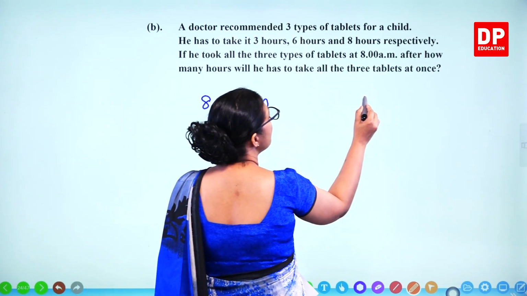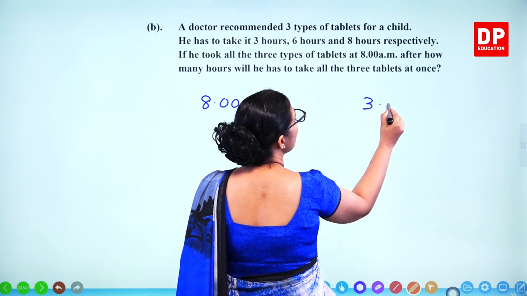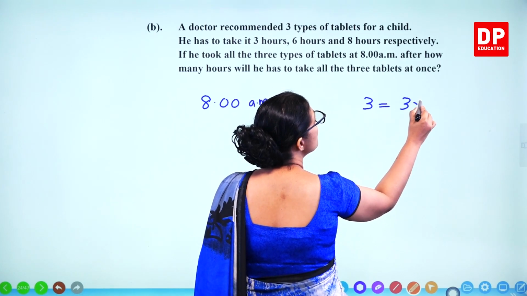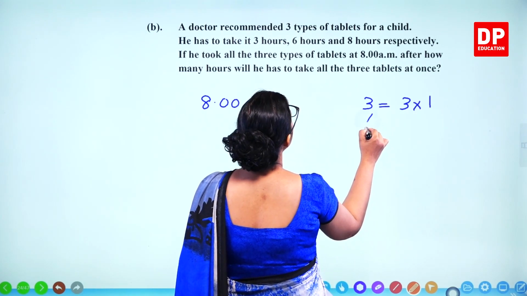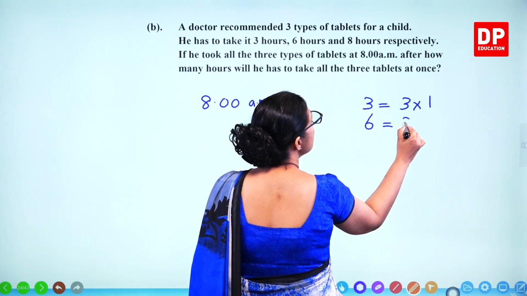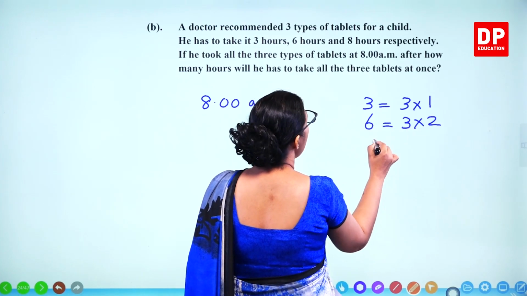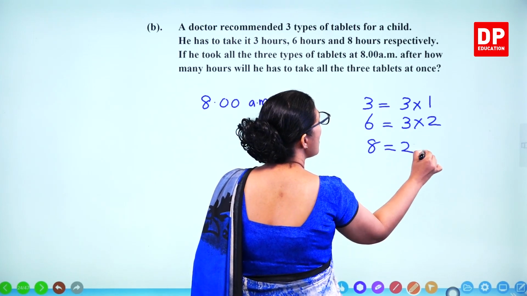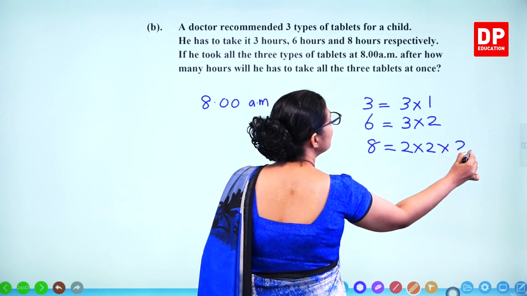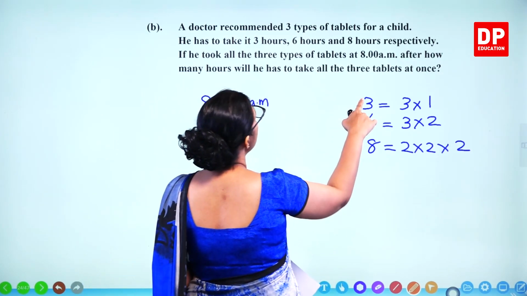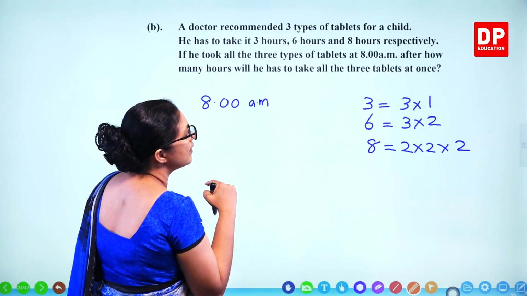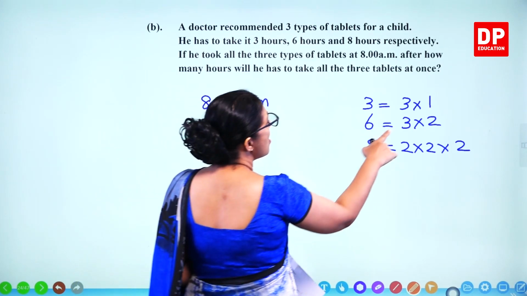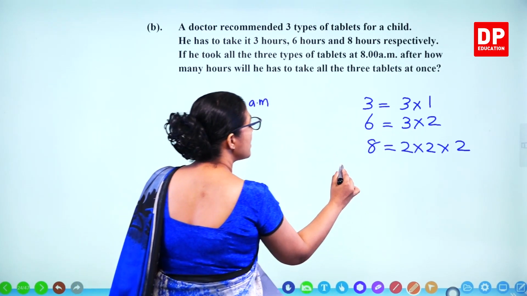So that means 3 is 3 times 1. 6 is 3 times 2. 8 is 2 times 2 times 2. So what's the lowest common multiple?